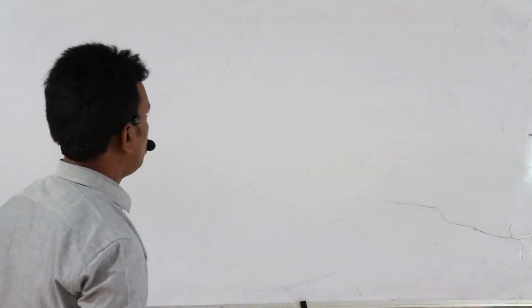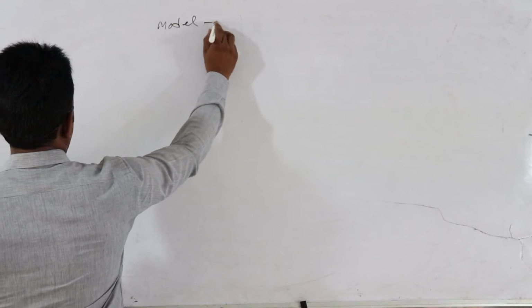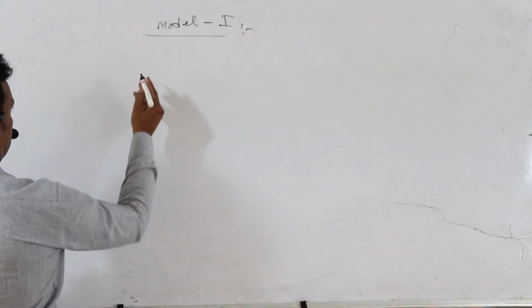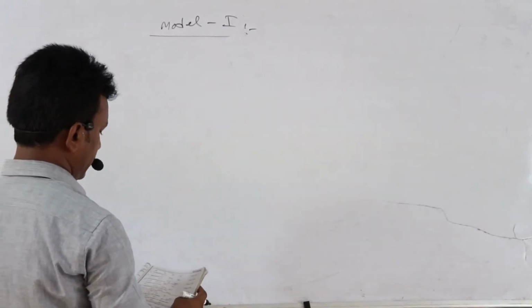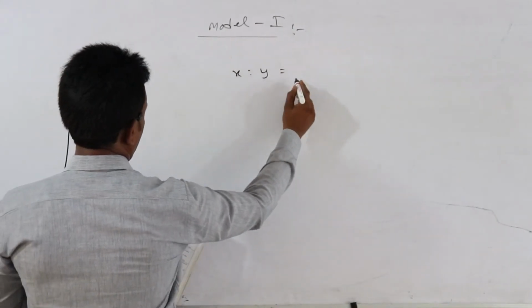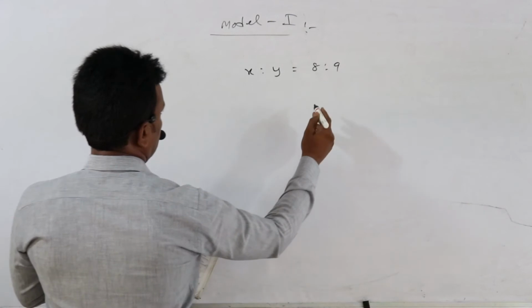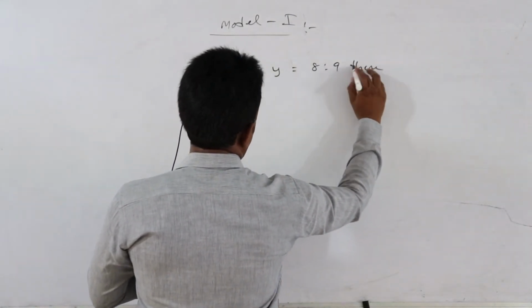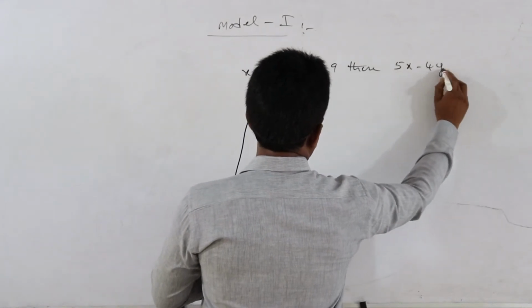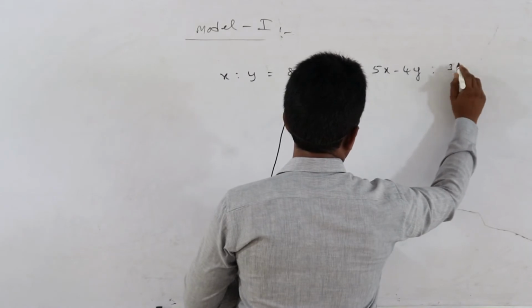First we start model 1. Example, model 1. Given the ratio x is to y equal to 8:9, find the value of 5x minus 4y is to 3x plus 2y.